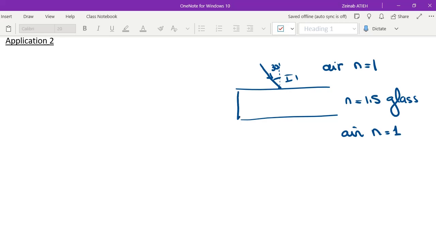I have the distance between the two parallel faces, let's call it t, equal to 2 centimeter. This is given. Also given is the wavelength of the light, 0.656 micrometer.